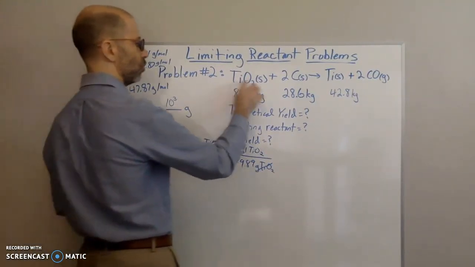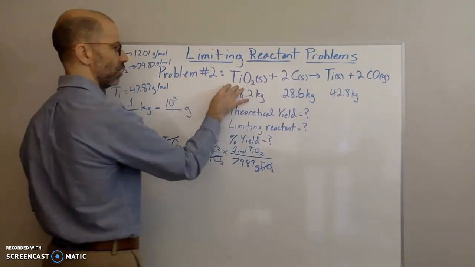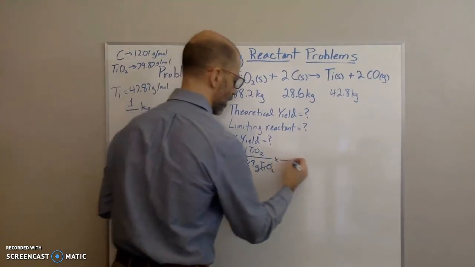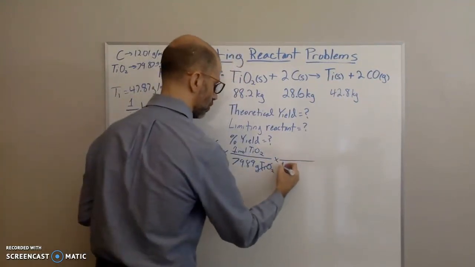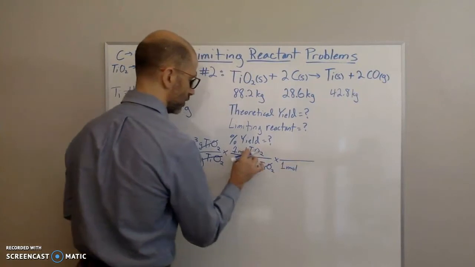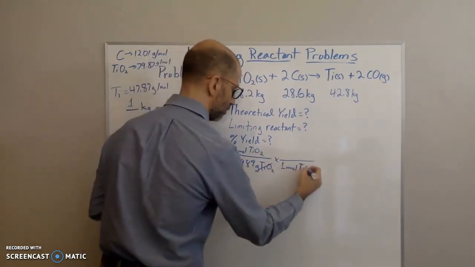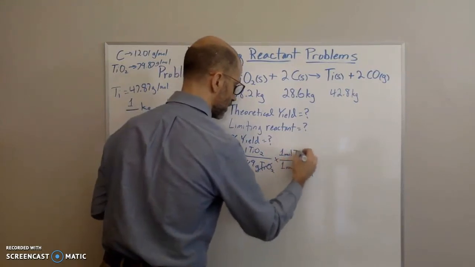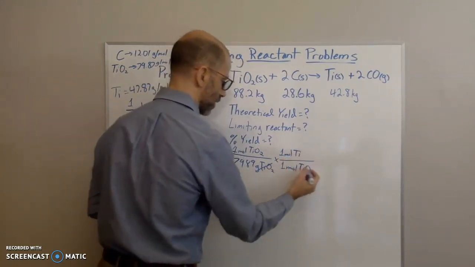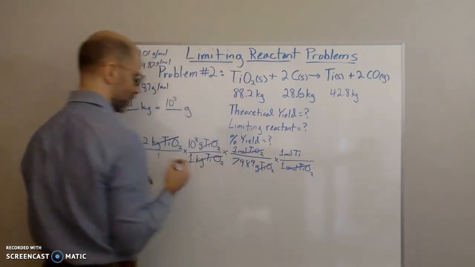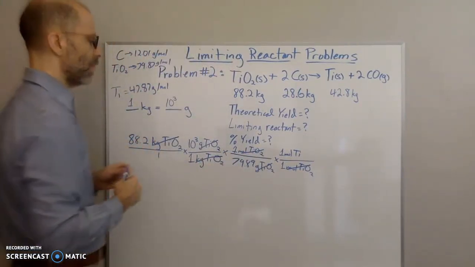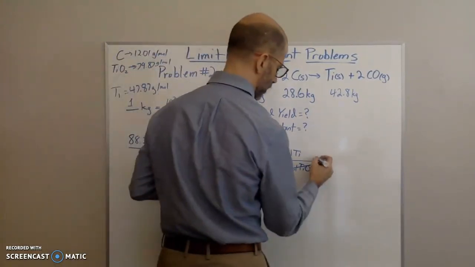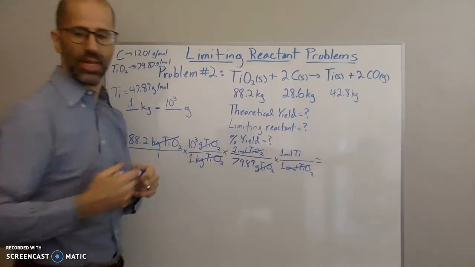Now I can use my mole ratio: 1 mole of TiO2 to 1 mole of titanium. So I put 1 mole of TiO2 on the bottom and 1 mole of Ti on the top. Moles of titanium oxide cancel out, and now I have moles of Ti.